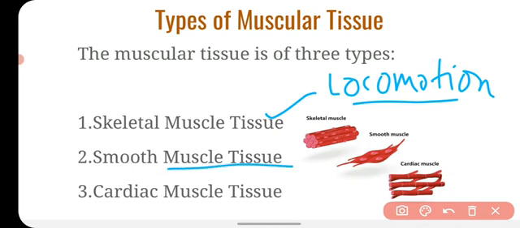Smooth muscles are generally found in our internal organs like our esophagus, stomach, small intestine, large intestine, rectum, and in the genital ducts. They are found in the blood vessels. You cannot control the movement of smooth muscles.